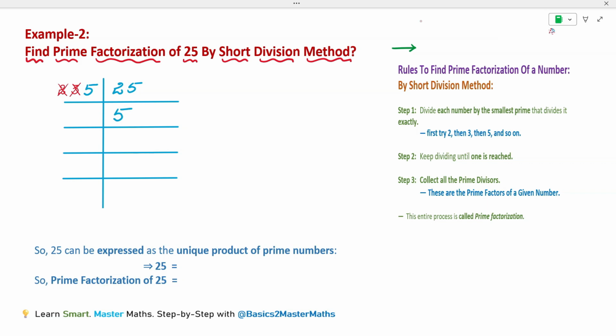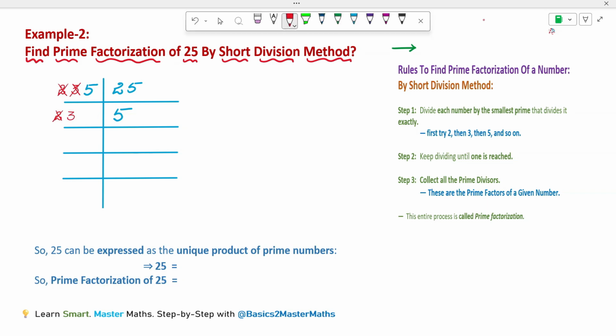Again, start dividing 5 by the smallest prime 2. Since 2 does not divide 5 exactly, move to the next smallest prime 3.